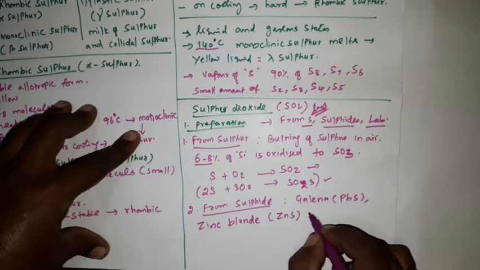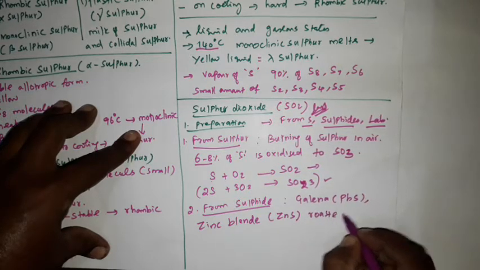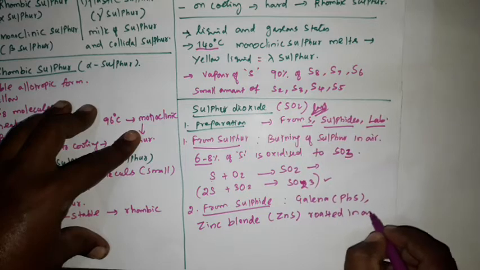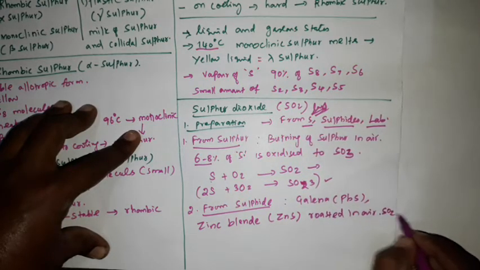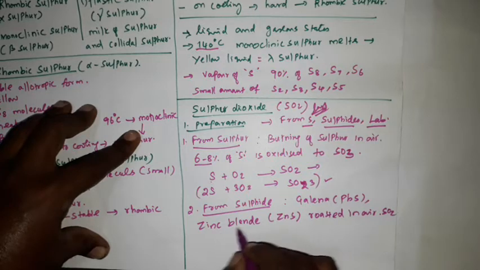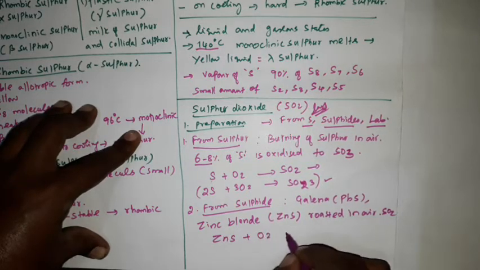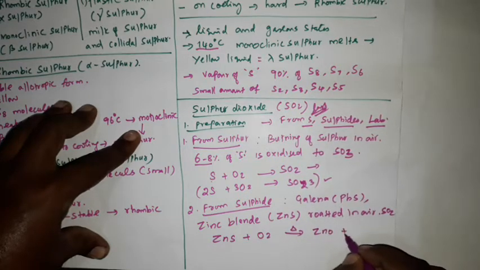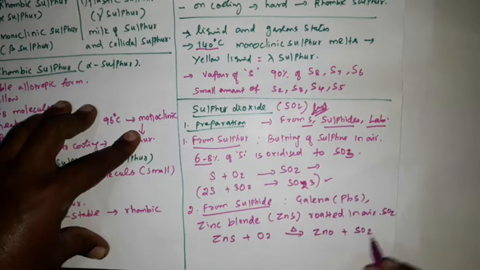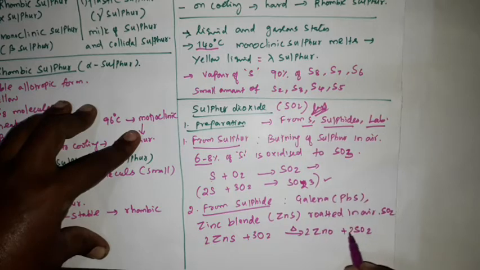When roasted in air, we are getting sulfur dioxide. SO2 will be liberated. The equation is zinc sulfide ZnS plus O2, when roasted, zinc oxide plus SO2. So balance the equation, put 2 here, then 3, then put 2 here, then put 2 here.